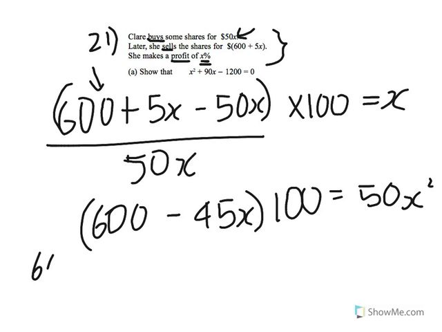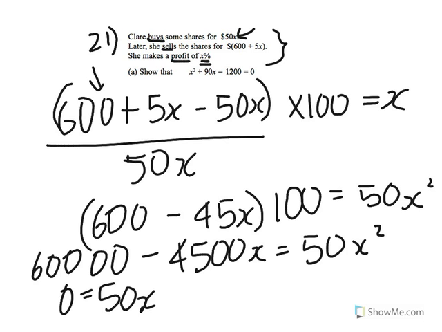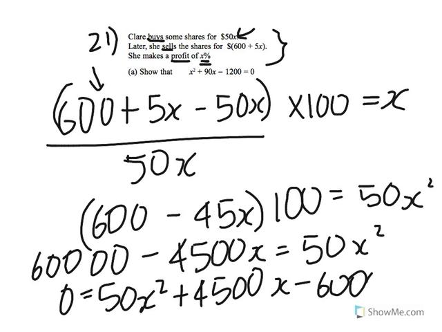Now I'll expand the bracket. I'm going to get 60,000 minus 4500x is equal to 50x squared. Now I'm going to add 4500x on both sides and subtract 60,000 on both sides. What I'm going to get is 0 is equal to 50x squared plus 4500x minus 60,000. Or this can just be simply written the other way around.